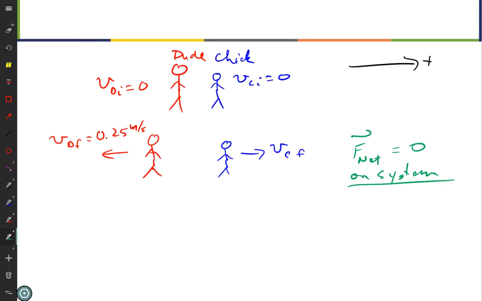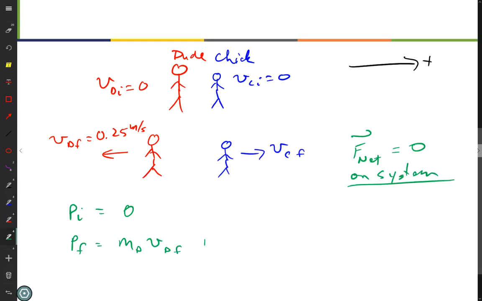So just like with work energy, if momentum is conserved, I'm just going to take the initials equal to the finals. So I'll have momentum initial is equal to 0, right? Because they were both stationary. I don't need to put m1 times 0 plus m2 times 0. Momentum final is mass of the dude times speed of the dude final, plus mass of the chick times speed of the chick final.